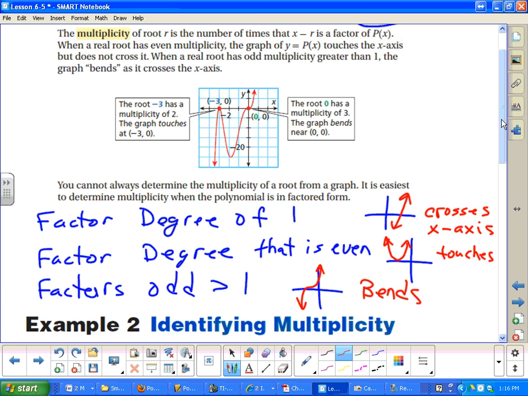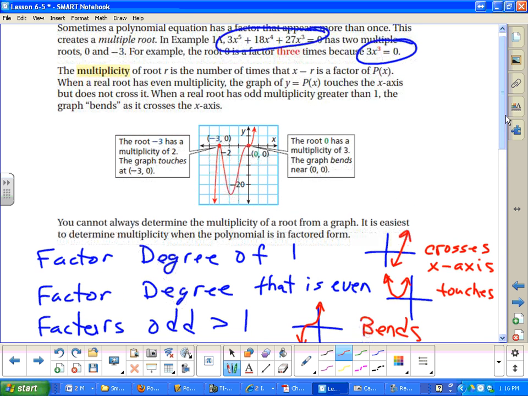Now, I do know exactly what they will be, because in this problem, what's the degree of this whole problem here? 5th degree, right? So the multiplicity, or the times those factors occur, must add up to 5.